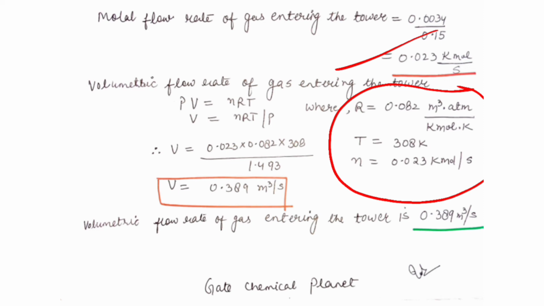So by putting all the values we will calculate the volumetric flow rate of gas entering the tower. It is equal to 0.389 meter cubes per second.